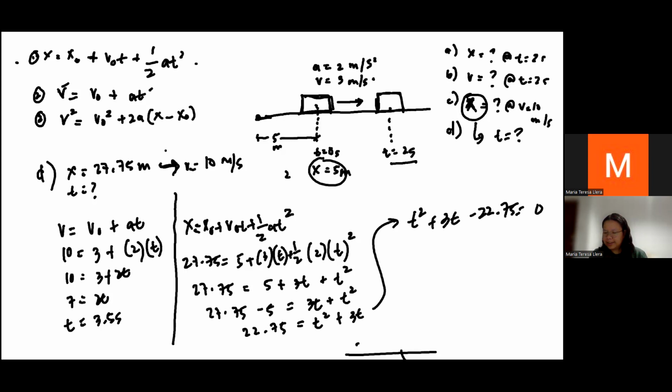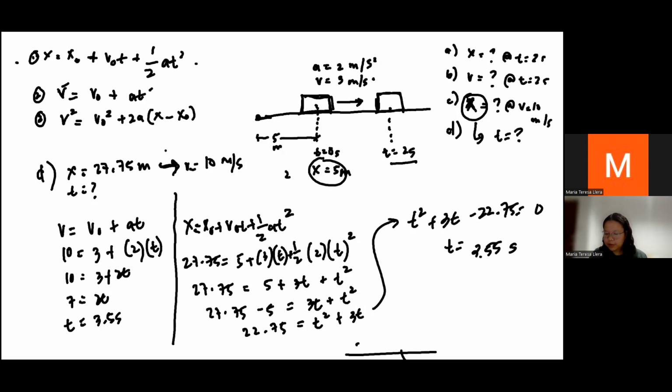Okay? So you can also use this and you arrive to this one and you'll have to use your calculator if you're allowed to, but ultimately you're going to arrive to this answer, which is 3.55 seconds. Okay?